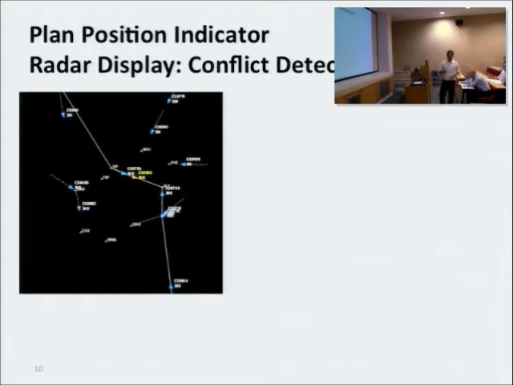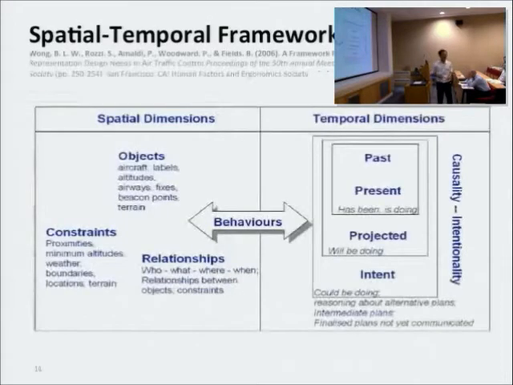So we took a different approach and asked, can we use the concept of ecological interface design to build these things? As we started to analyze what relationships are important to a controller, one of the key things that allowed us to come up with this was the fact that it is the separation between aircraft that is important, not where the aircraft are.